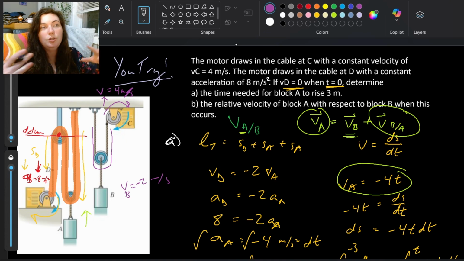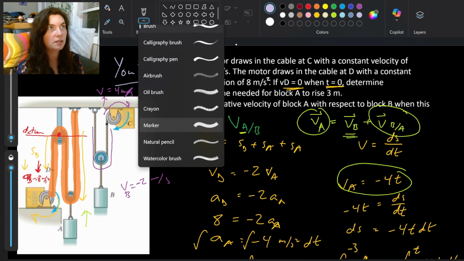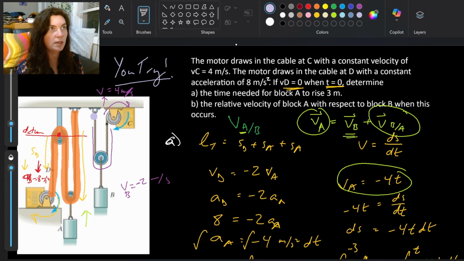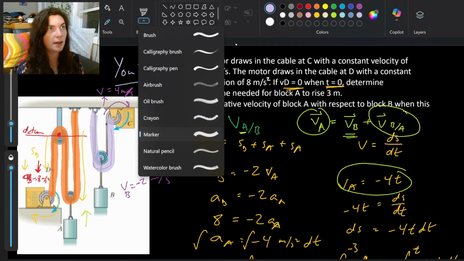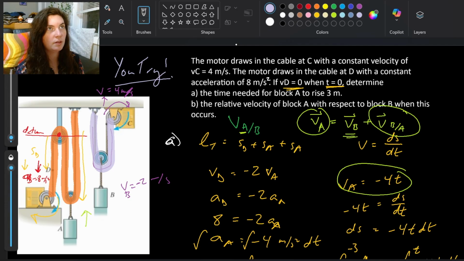But if you don't see that, it's okay. If you haven't worked a lot of pulley problems, that's perfectly fine. We can go through the exact same process that we went through on the first one, where we say, okay, I've got just this one single section of rope here, and I have C coming in. I've got this fixed point at C. I'm going to give myself a datum there, through C. I don't have to use the same datum.